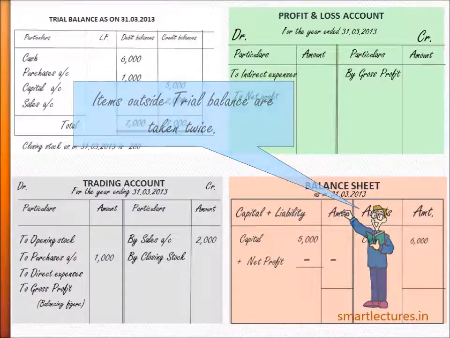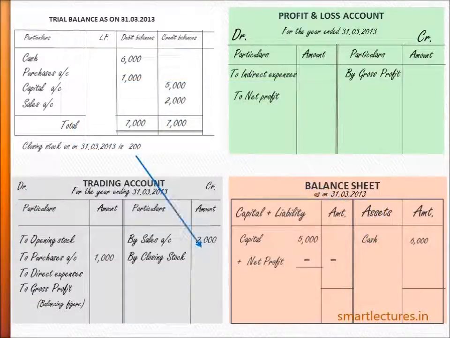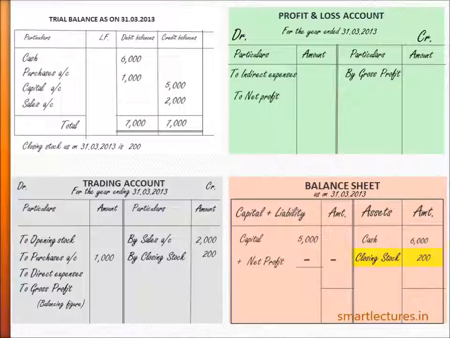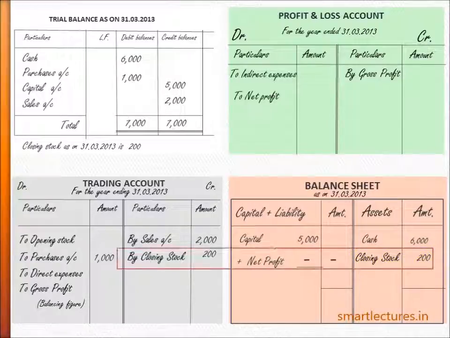So closing stock will be taken on the credit side of trading account first, rupees 200. Because you have taken the outside item, now it will go to the debit side also. So where will it go? It will go to the debit side of balance sheet. So debit side of balance sheet means asset side. So on asset side, please write down closing stock rupees 200. So closing stock has been written twice. Credit side of trading account and debit side of balance sheet.